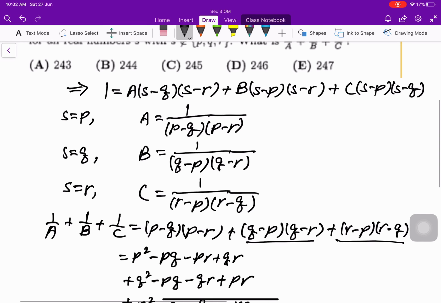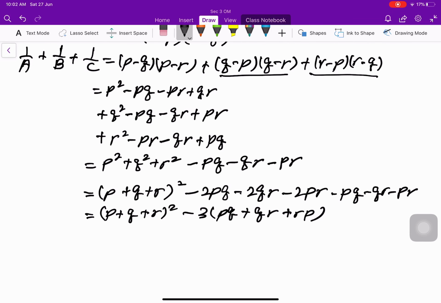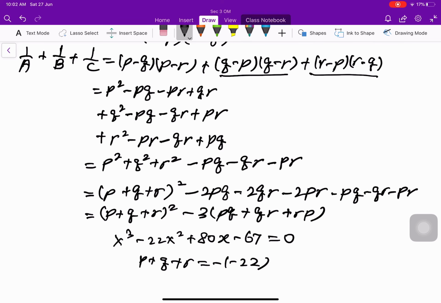Let's write down the polynomial. The polynomial given to us is x cubed minus 22x squared plus 80x minus 67. If you solve this equation, what is the sum of roots? The sum of roots P plus Q plus R is equal to negative of negative 22, so it is 22.